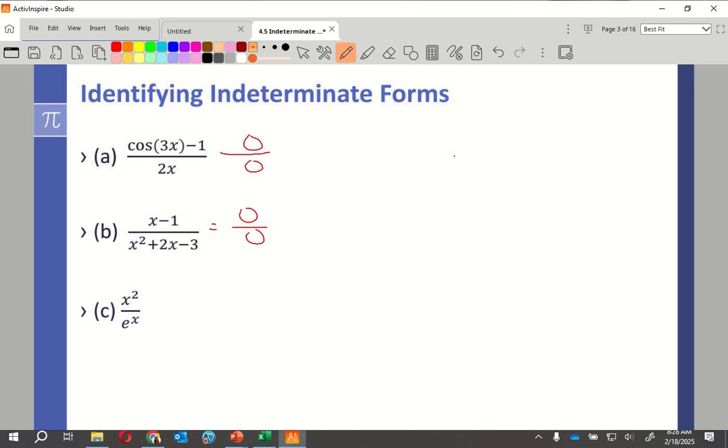So infinity squared over e to the infinity. Those are both racing at the same speed. So this one right here would be infinity over infinity. So this is when c is equal to infinity. So there is an indeterminate form there.